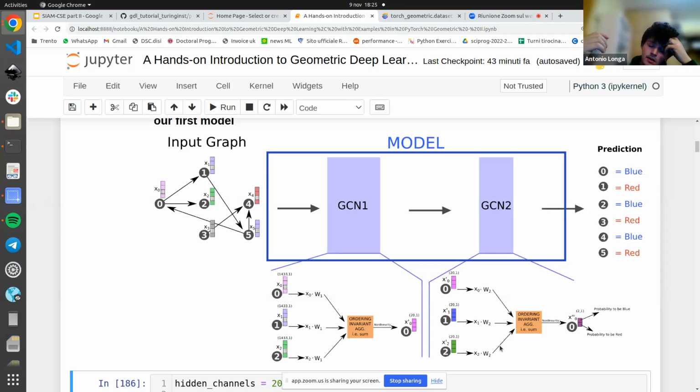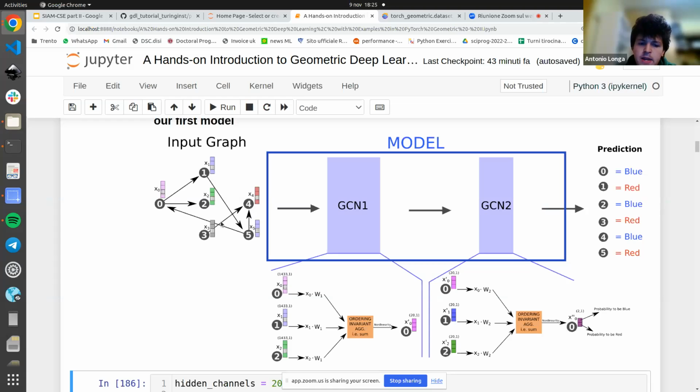What one can do, and it's often used, as far as I remember, in heterogeneous graphs, is choose different weight matrices for different node types. In such a case, it can be seen as having multiple of those Ws.